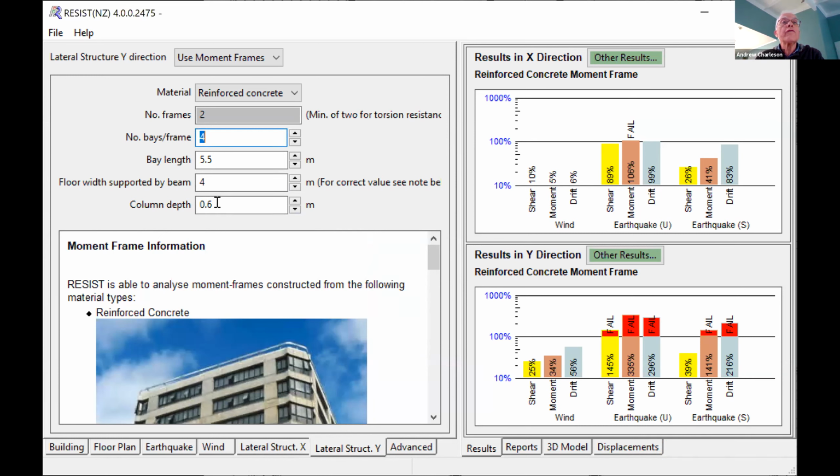And I go from 0.6 meters column, and I just keep increasing it until it stops failing. There. Now my columns are really big, aren't they? 1.4 meters.